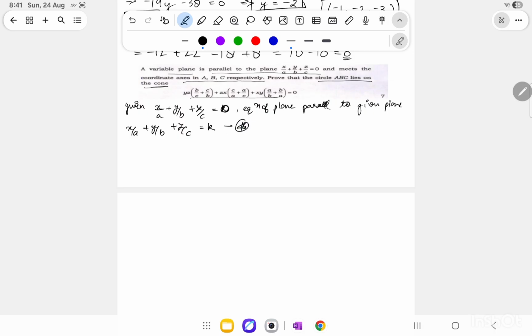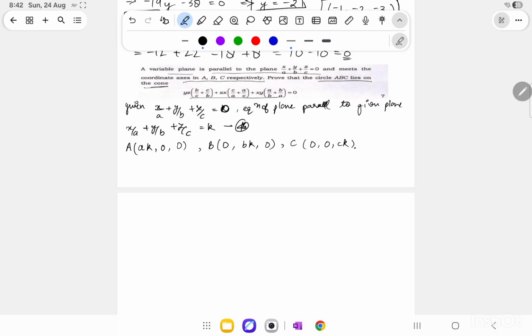Star 1 meets the coordinate axes at A, B and C. We can find the coordinates of A, B and C by checking: on the x-axis we have y = 0, z = 0. So we got our A coordinate as (ak, 0, 0). Likewise, B as (0, bk, 0) and C as (0, 0, ck).